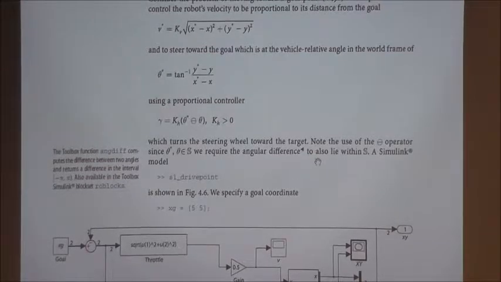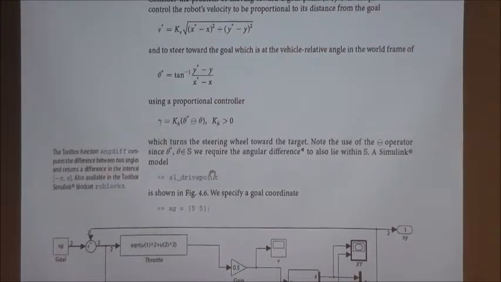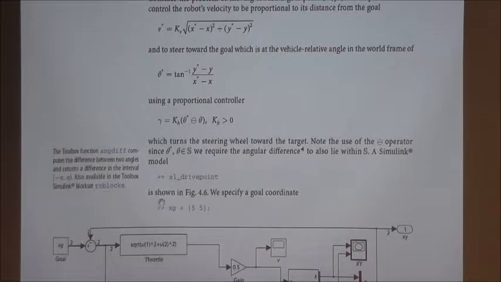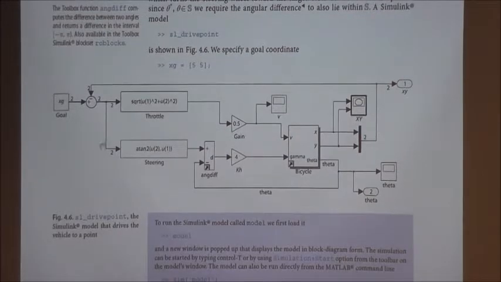Okay, so when you do that, then you just execute S1 underscore derived point, another built-in command in your toolbox, and you define a goal location, x equal to 5, y equal to 5, and this of course is the Simulink of derived point. Again, your goal is the key. Notice that I don't have any theta here because I don't care where I end up, which direction. I have x, y location.